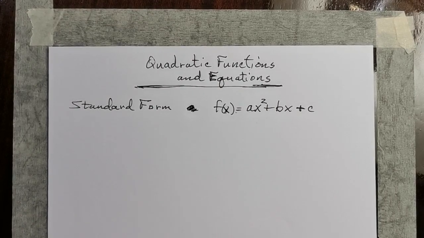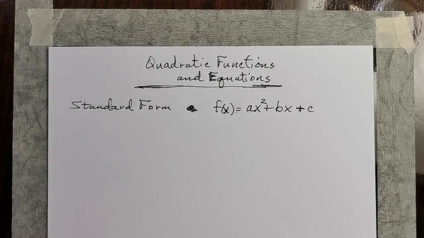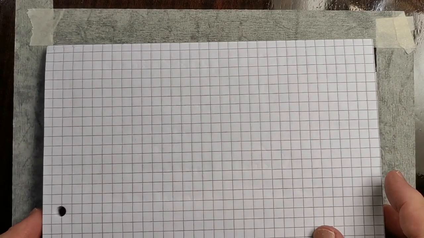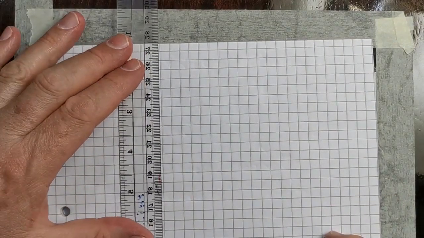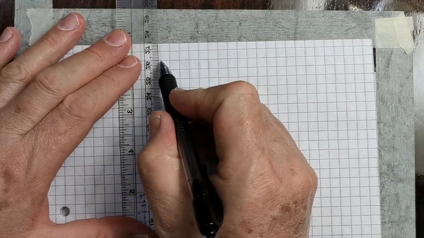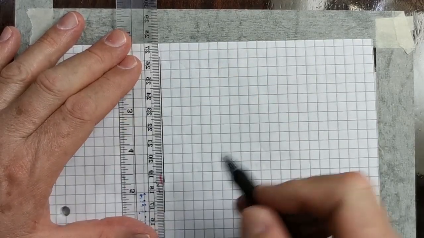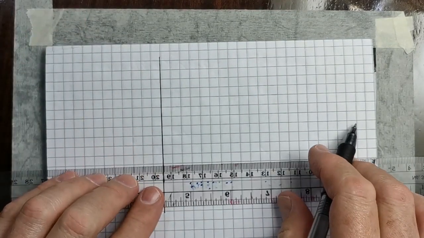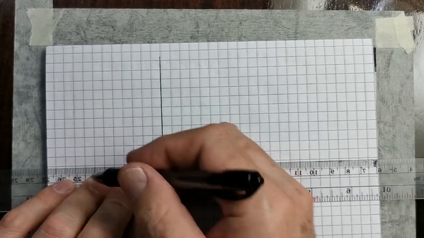So I'm going to show you a couple of examples here of parabolas, and let's just see what they look like. So I'll put a graph paper down here. Let's make ourselves a little chart of x and y. So here we go. We'll make ourselves an axis on here, like so.